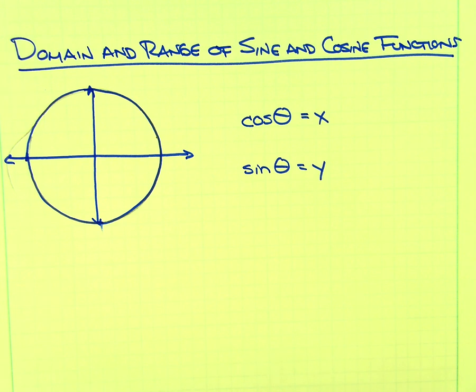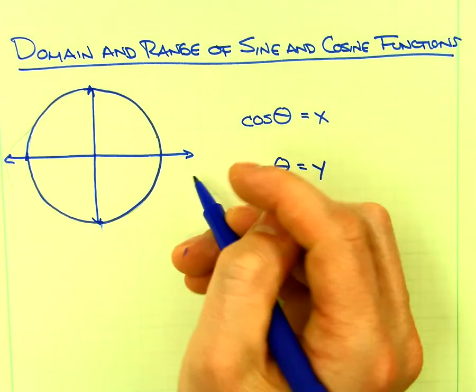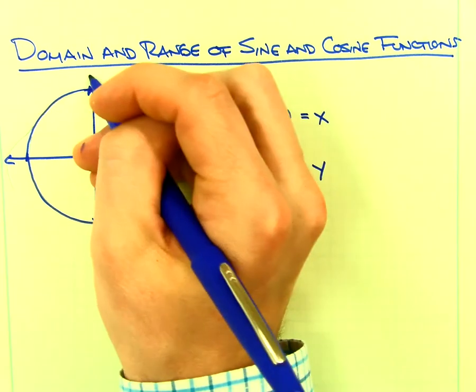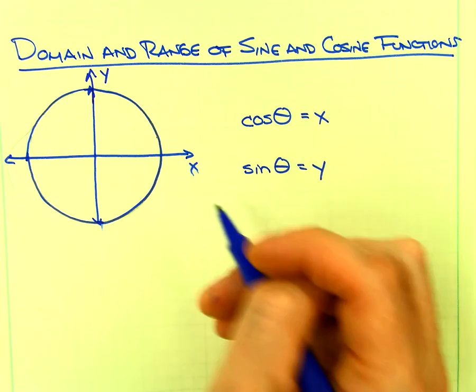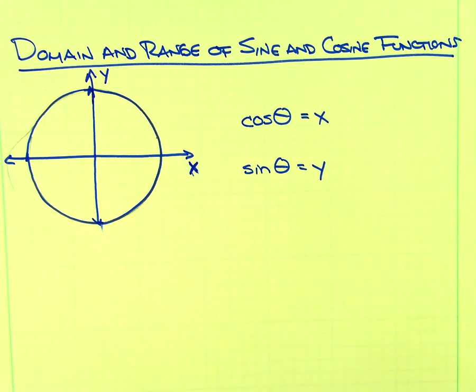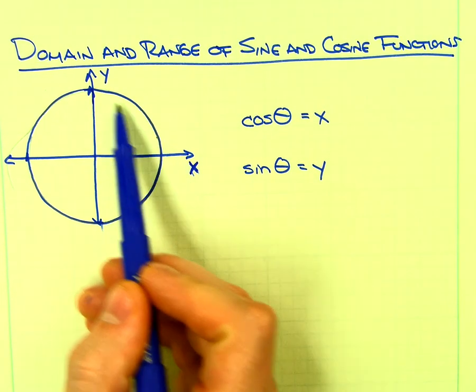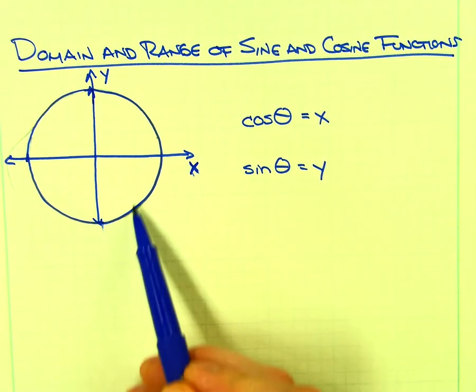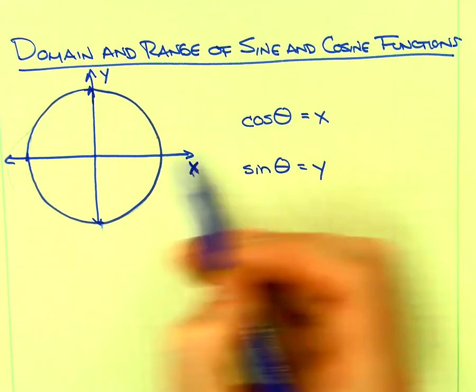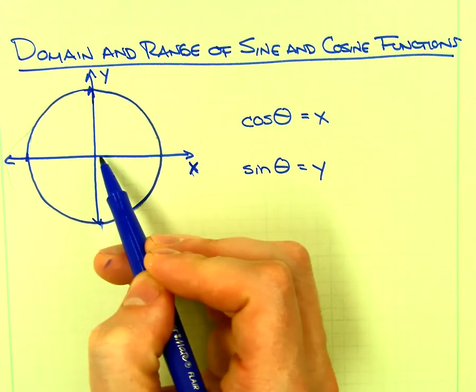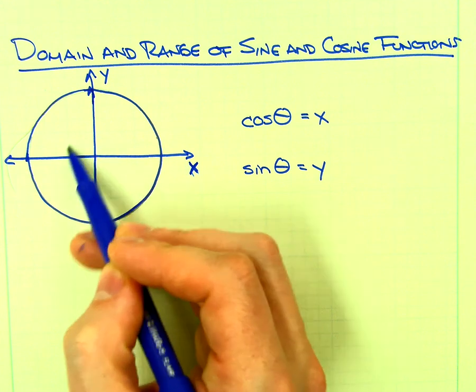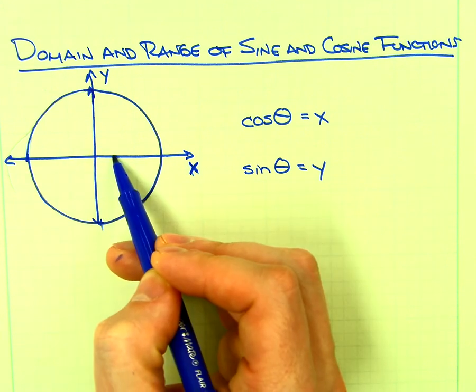Well, if I start thinking about the domain and range, okay, so the cosine is my x values, right? So I'm going to take a look at my x-axis as opposed to my y-axis. So looking at just my x-axis, I can see that I can do lots of things around this circle, right? In terms of theta, my theta can get really, really big, right? So say theta is 2 pi, 6.28, which is going to be 1 full revolution.